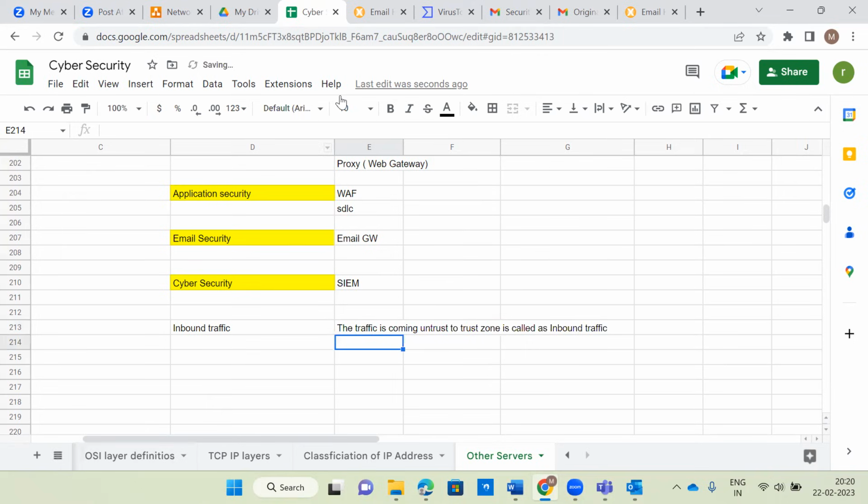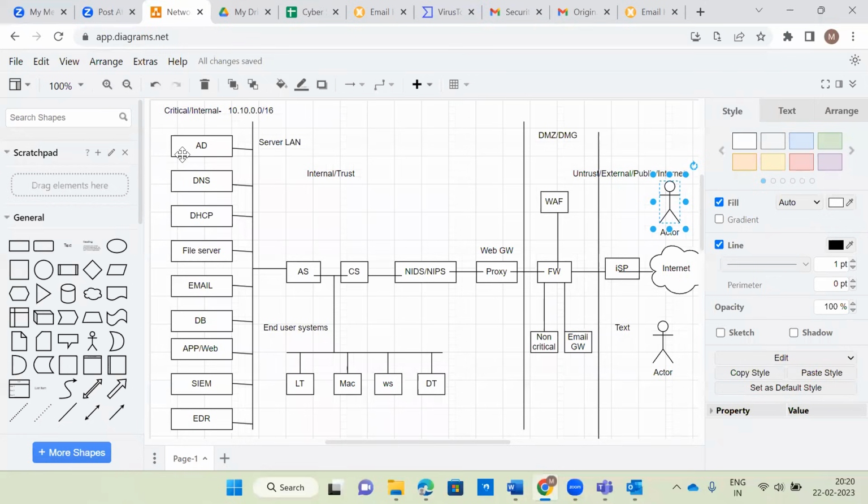Now outbound traffic. Example: an Infosys employee, on a laptop, MacBook or workstation desktop, these are end users, is trying to access Google. Where is Google sitting in this entire architecture diagram?